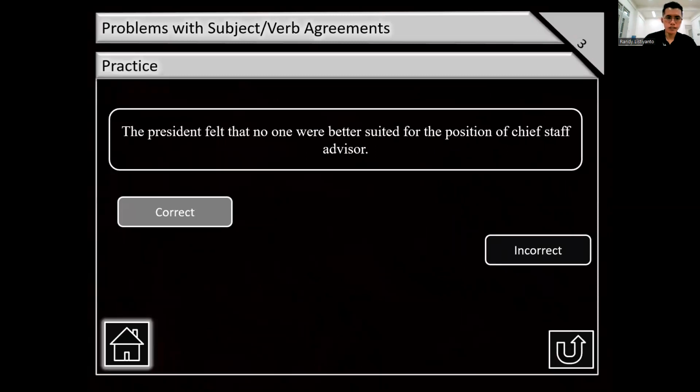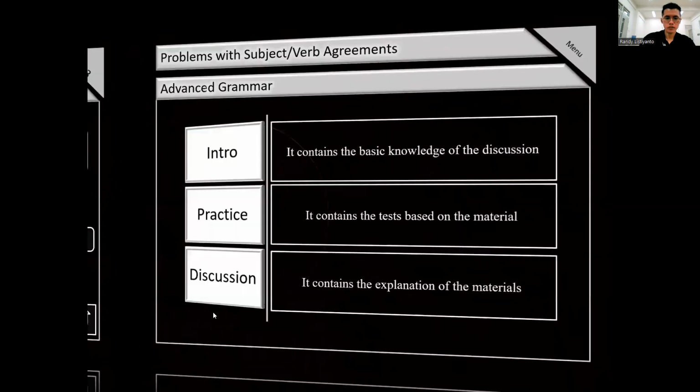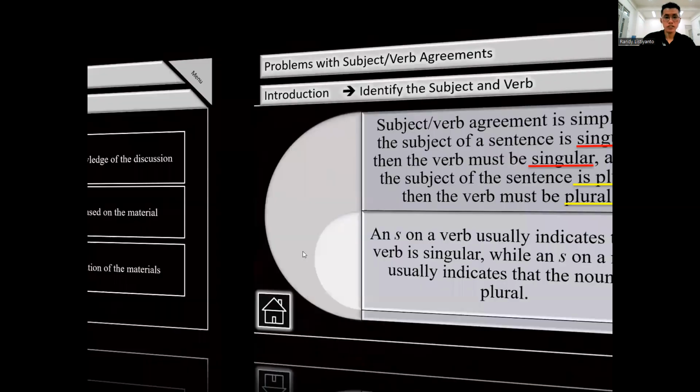The president felt that no one were better suited for the position of chief staff advisor. Oh, this is not the thing that we have to tell about first. Okay, the third topic actually, I'm so sorry.